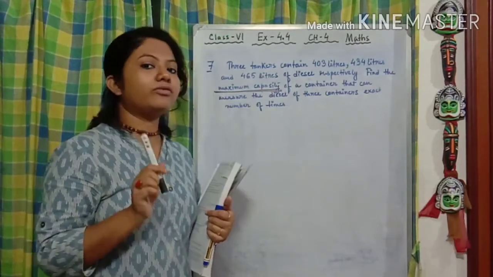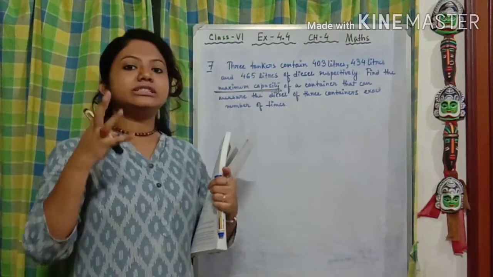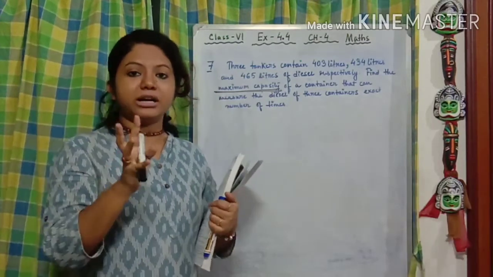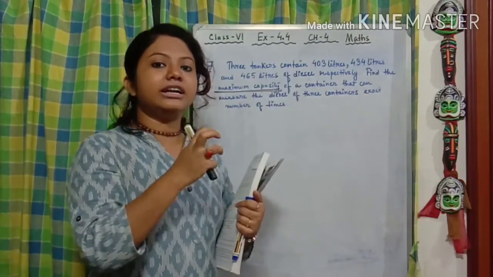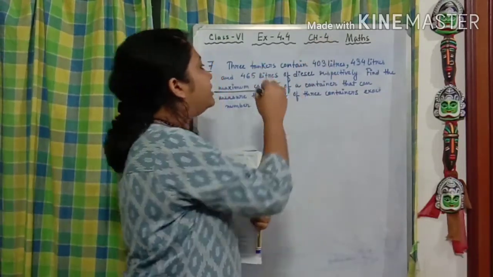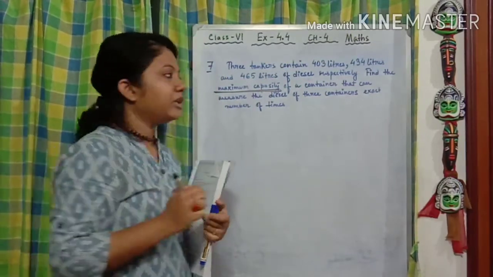Note the words maximum capacity. The number of times says that it is not that all the diesel should be put into it, but a common highest quantity that can be measured from all of these 3 tankers. That means the HCF.